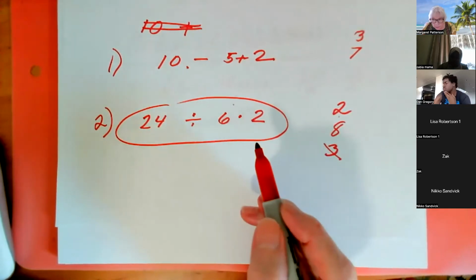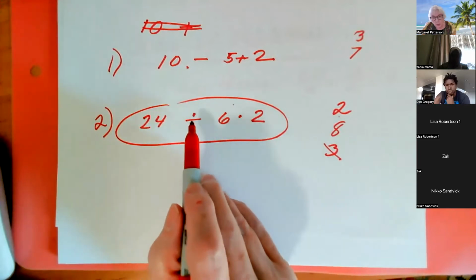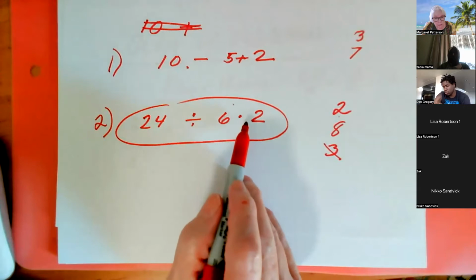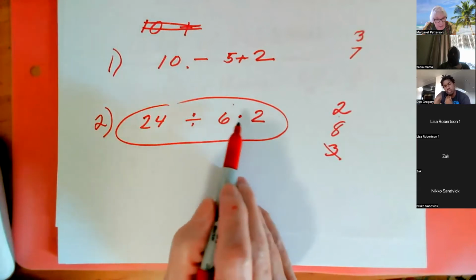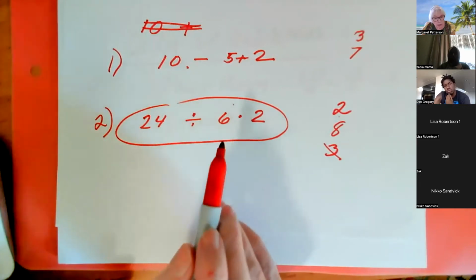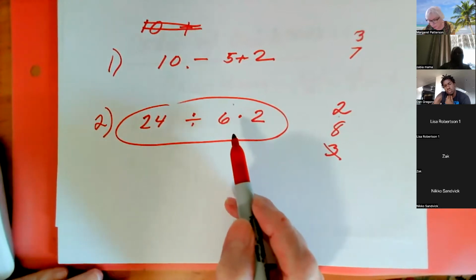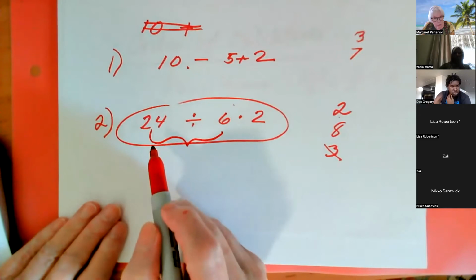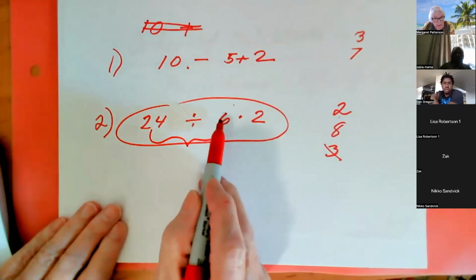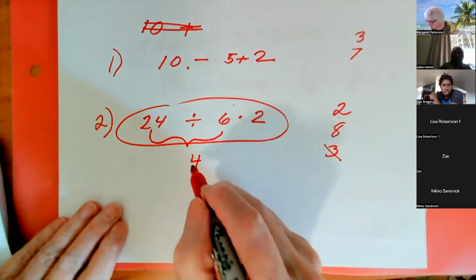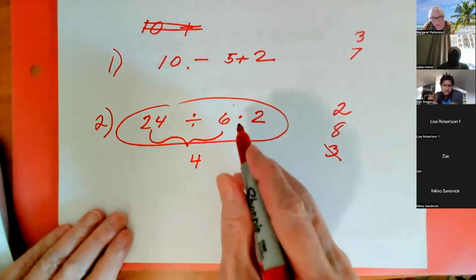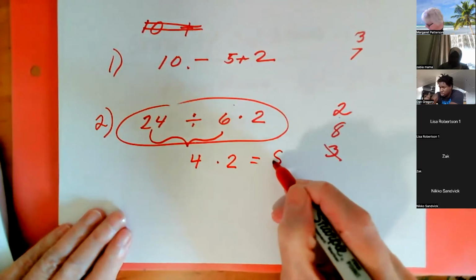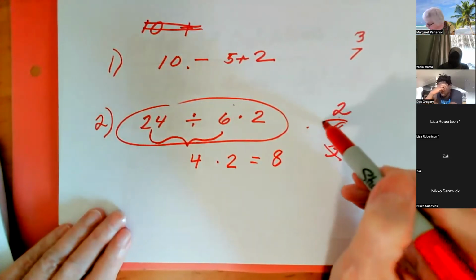That is not true. The two are equal. And so if you see multiply and divide back to back like these are, you go left to right. And so what you would have to do is this first. So 24 divided by 6 is 4. 4 times 2 is 8. This is the answer.